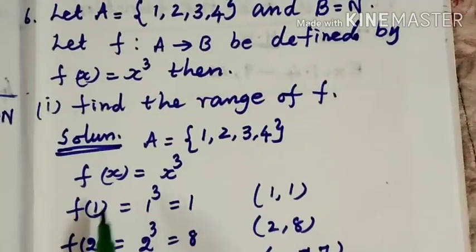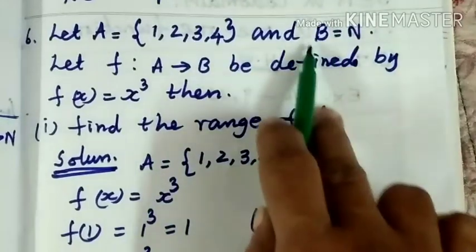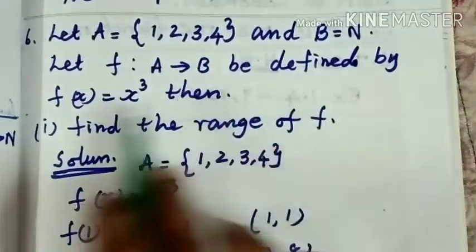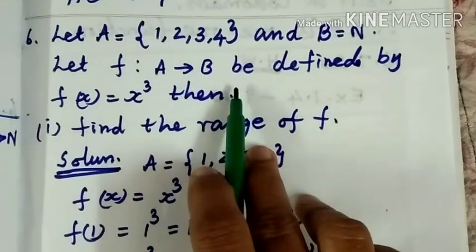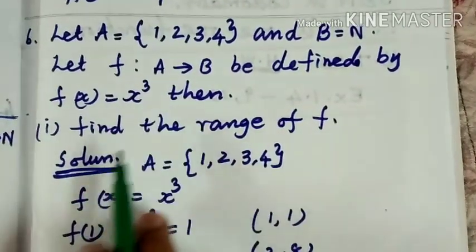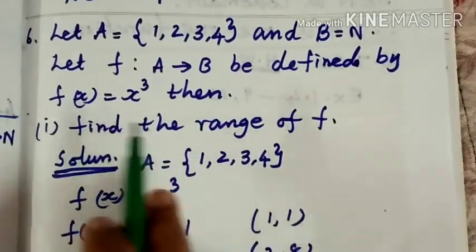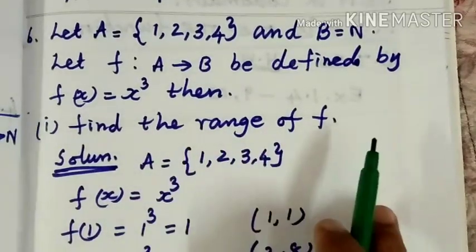In this question, set A is given, set B is also given, it belongs to natural numbers. Then the function from A to B is defined as f of x equal to x cubed. So in the first subdivision, we have to find the range of f.